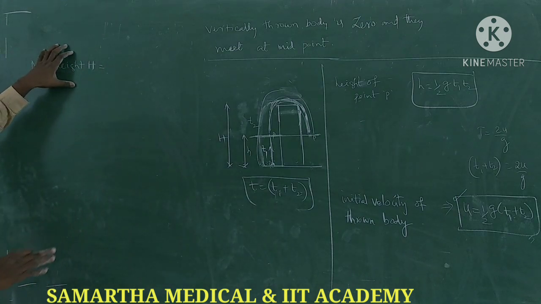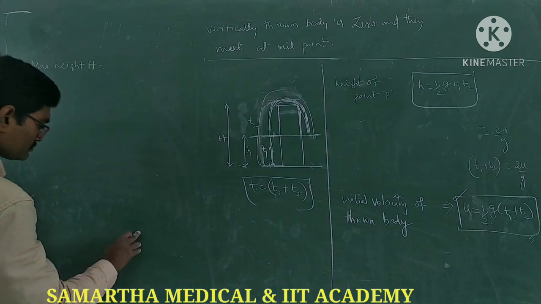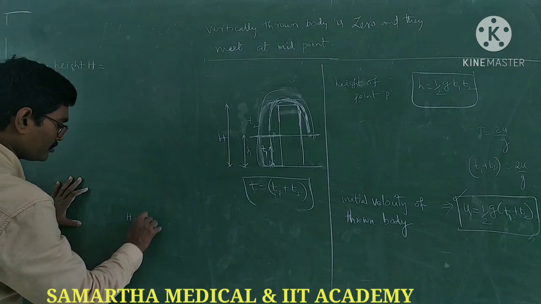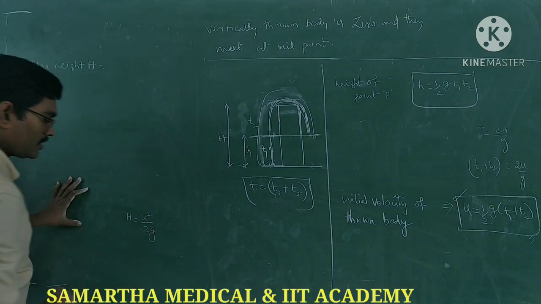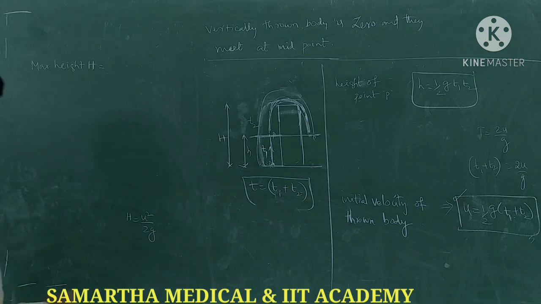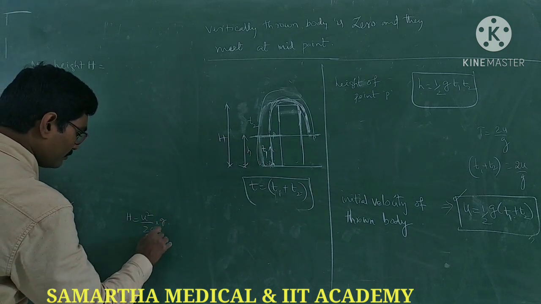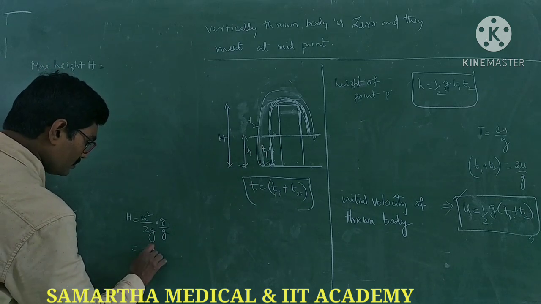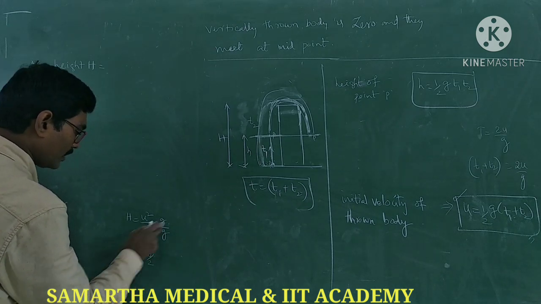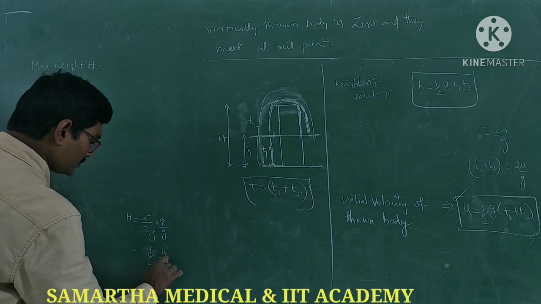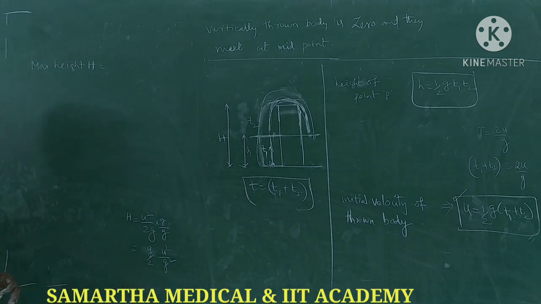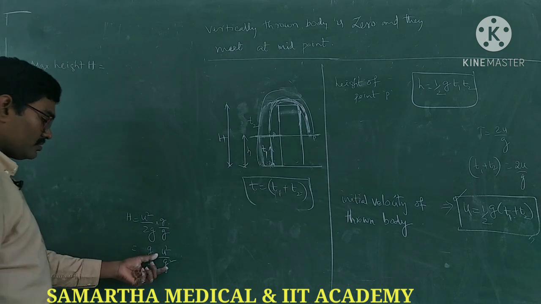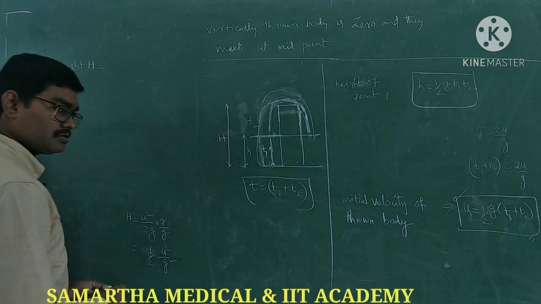But one thing you see here, for a vertically projected body, h is equal to u square by 2g. Correct? See here, if I multiply and divide it by g, then what can you notice? g by 2, I can write u square by g square. Correct or not?